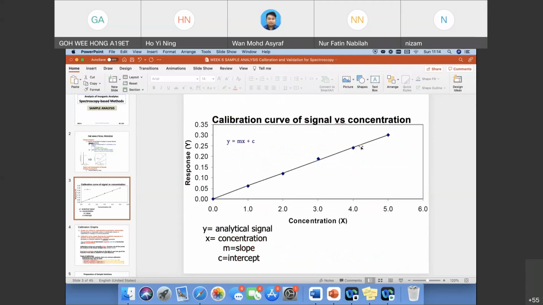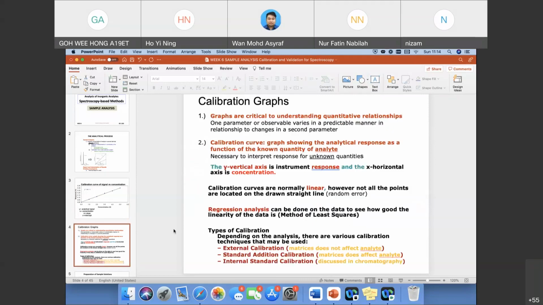For now you may think that good means it moves through all the points. That's good basically, but there is a way to quantify good. We will look at it later on.